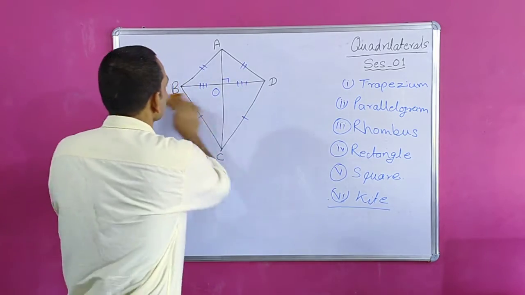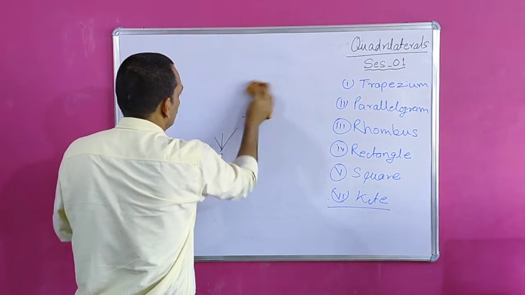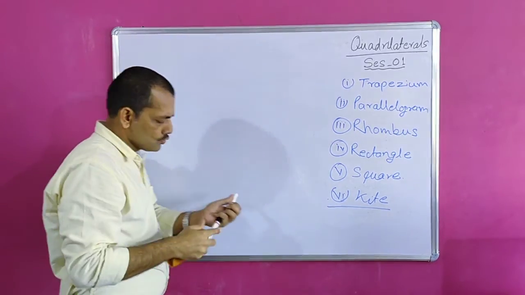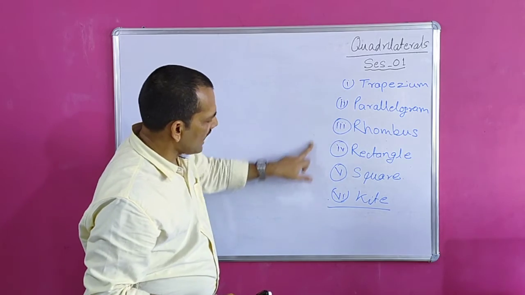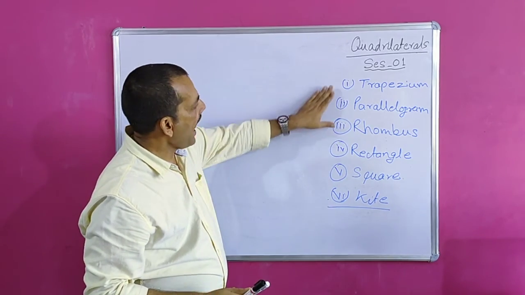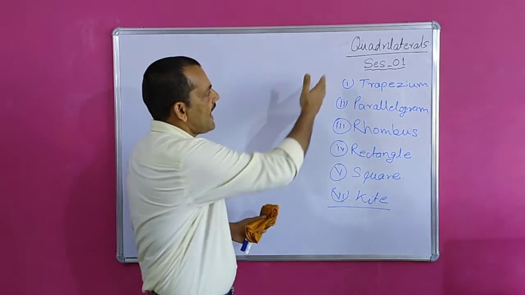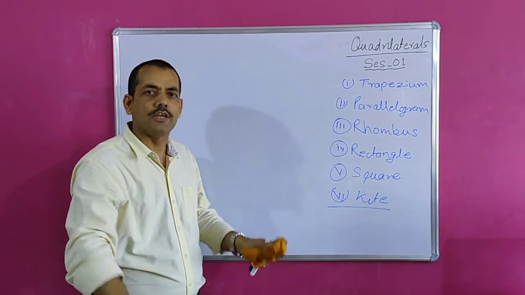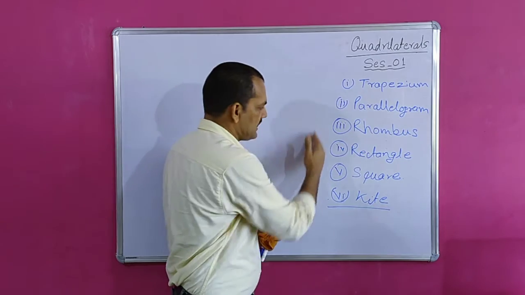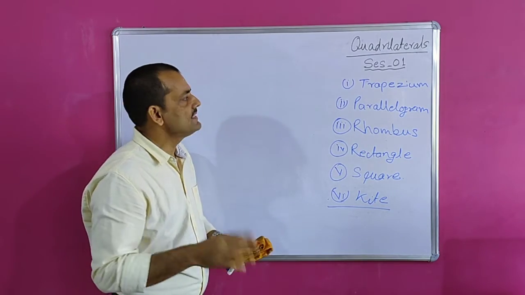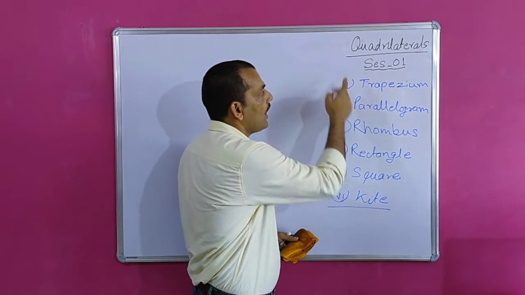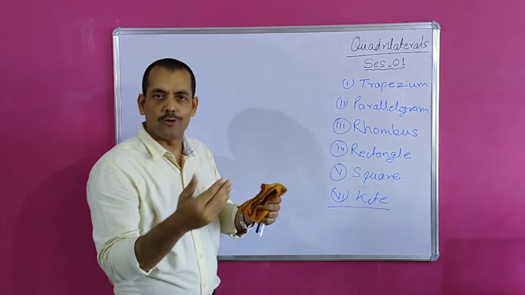Okay. Now, so far we have seen there are 6 types of quadrilaterals. This entire quadrilateral topic we will cover in 11 sessions. The first one was the introduction that we have done. In the second, we will go about how a quadrilateral becomes a parallelogram.